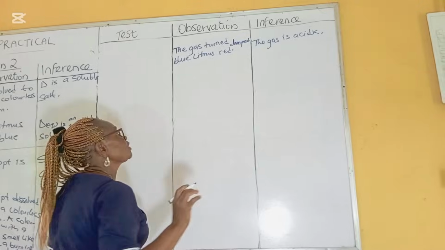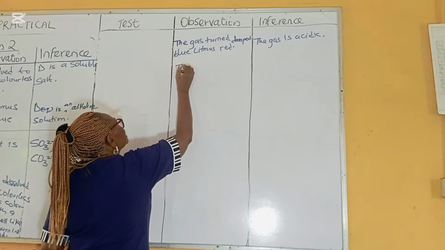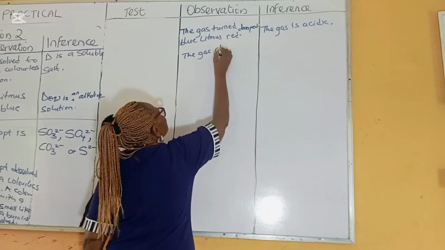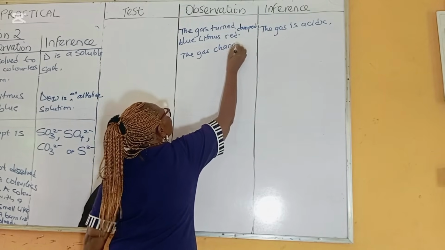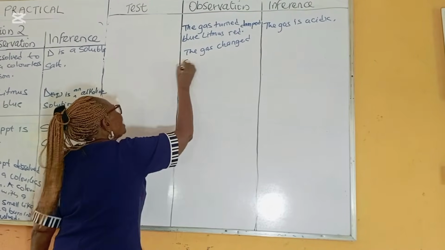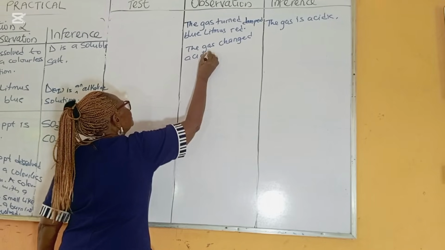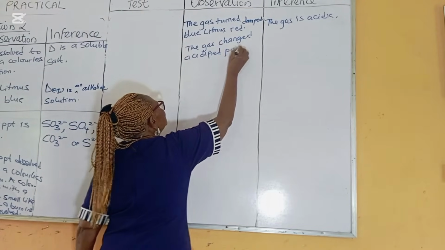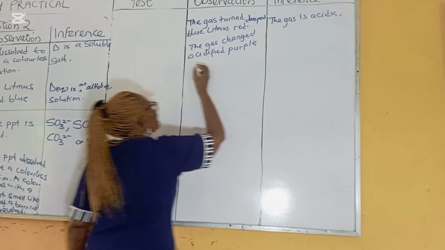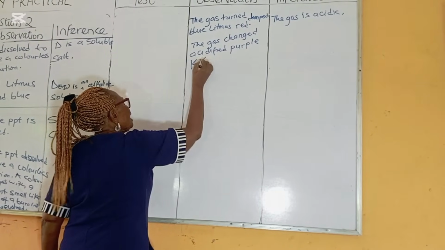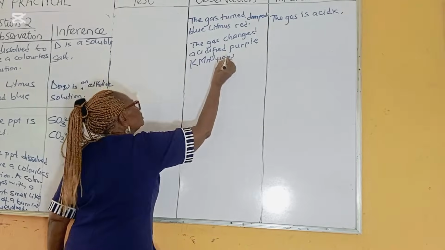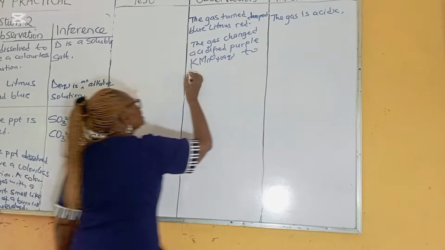Final test, which is confirmatory test. The gas changed acidified purple KMnO4 solution to colorless.